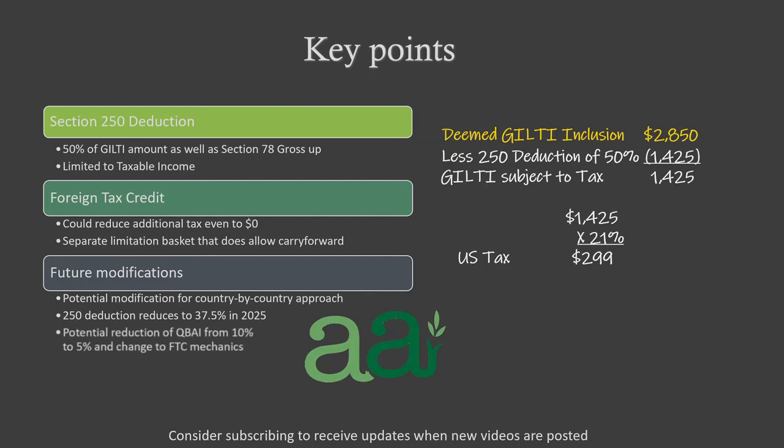That percentage is also being discussed currently and potentially may be decreased lower than 37.5% and sooner than 2025. And then finally, there's discussion about whether the reduction of 10% of QBAI against the tested income amount being reduced to 5%, and a change to the foreign tax credit mechanics as they are for the GILTI basket.